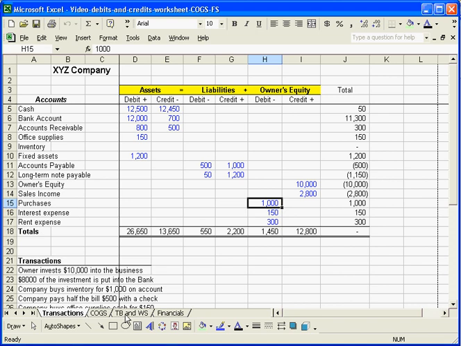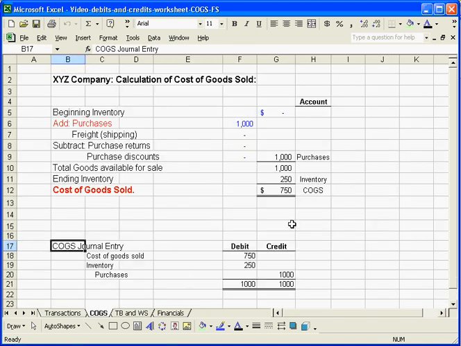We're going to look at that when we look at the trial balance and the accountant's worksheet when we do the adjustments. Because typically when you calculate the cost of goods sold, that becomes a part of the adjustments column on the worksheet before we prepare the financial statements.